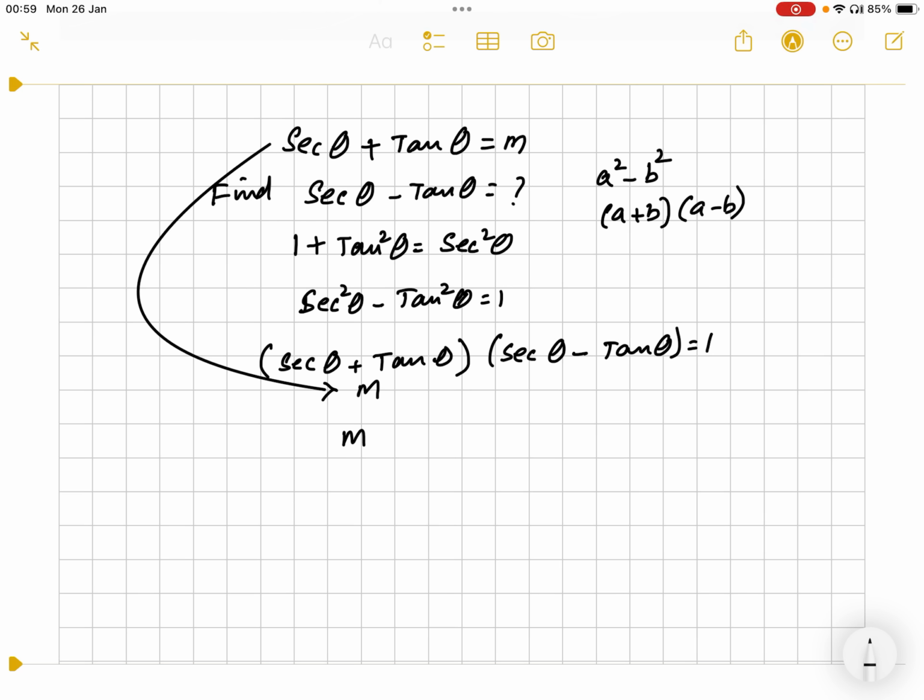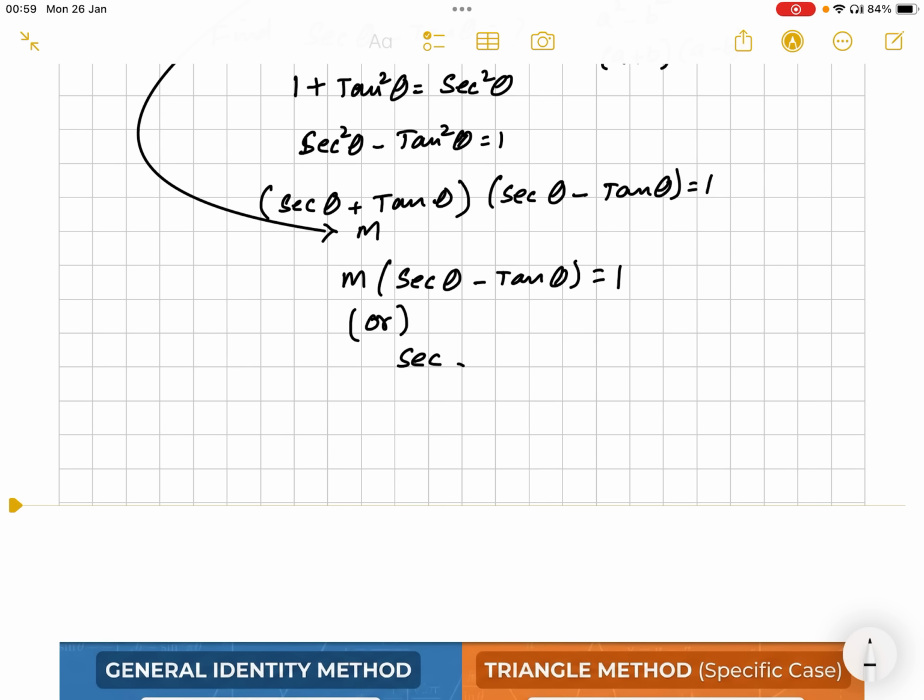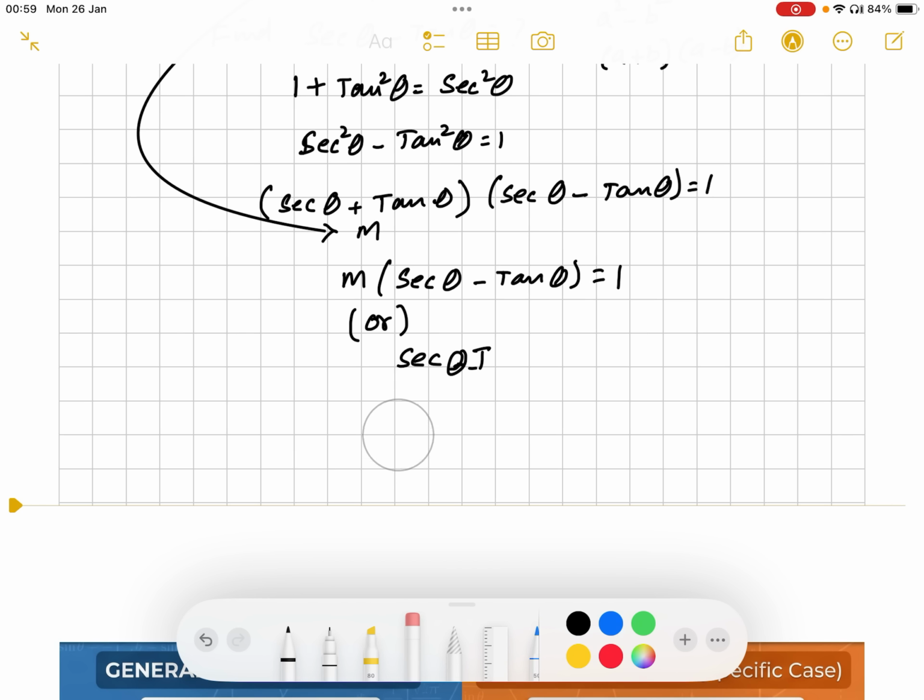Therefore, we have m multiplied by secant theta minus tan theta equals 1, or secant theta minus tan theta equals 1 over m is the answer.